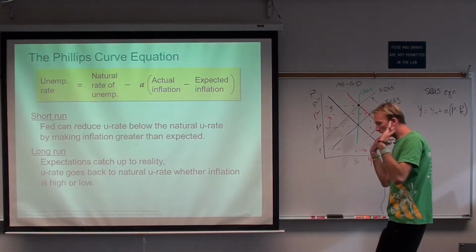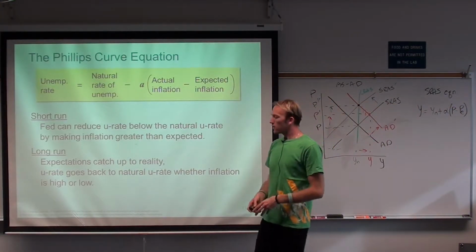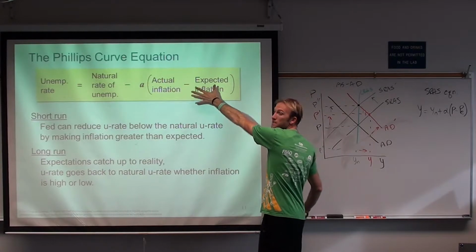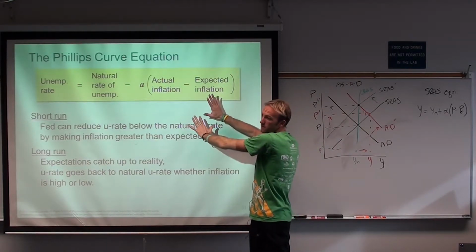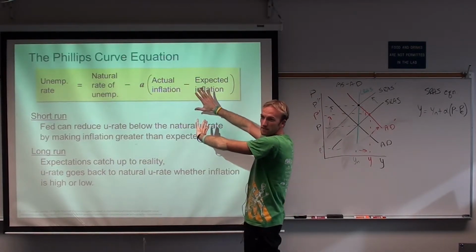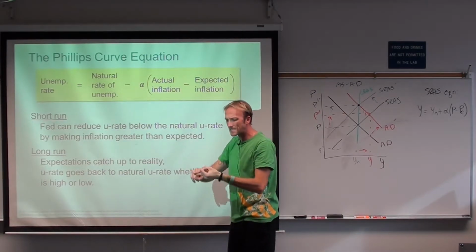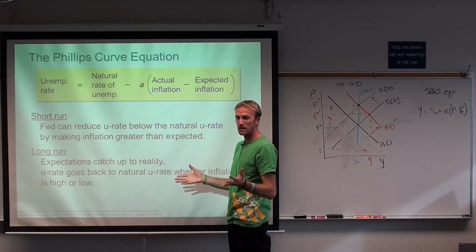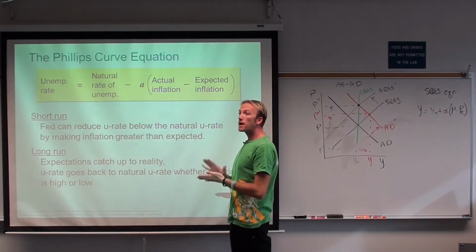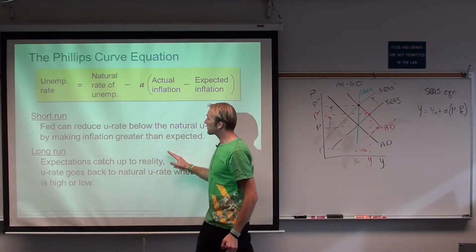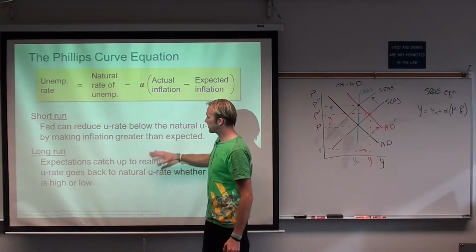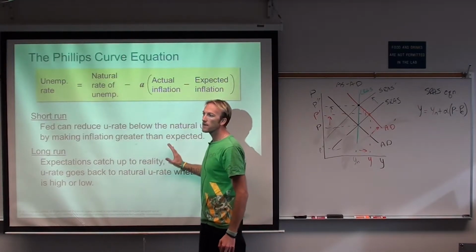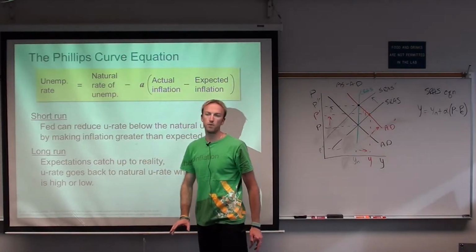Okay, so I want you to imagine something here. We know that this is the truth now. They just barely figured this out at the end of the 60s, right? But in the beginning of the 60s, remember, 1961, 1962, 63, 64, all the way to 69, for like 8, 9 years, the government kept having really low unemployment, right?